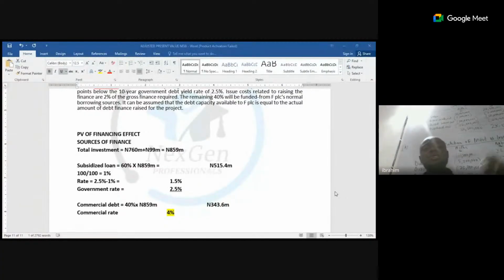Government will still give you a rate below that to encourage farmers. Right? Now, the addition of this will result in what, a commercial rate, meaning that your commercial rate in the bank today includes the MPR and the subsidized rates from the government.